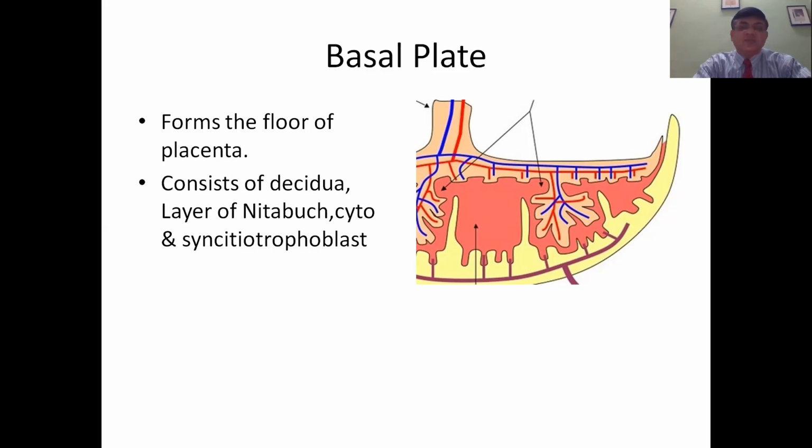It consists of decidua, a layer of Nitabuch, and cyto and syncytial trophoblast. I am going to describe what the Nitabuch layer is in the next slide. Suffice it to say at present that the basal plate forms the floor of the placenta and it consists of decidua, a layer of Nitabuch, cyto and syncytial trophoblast.